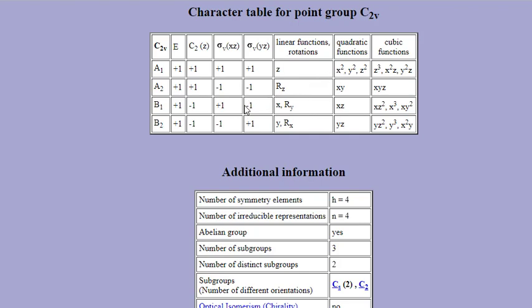And we also have the B2, which tells us that we have the py orbital and we have the dyz orbital. Now remember, we're looking at oxygen and we're looking at sigma bonding, so we would be using the py orbital in this case.